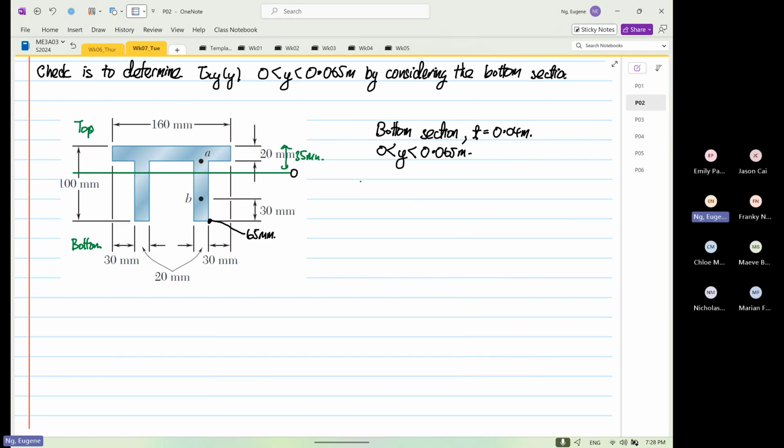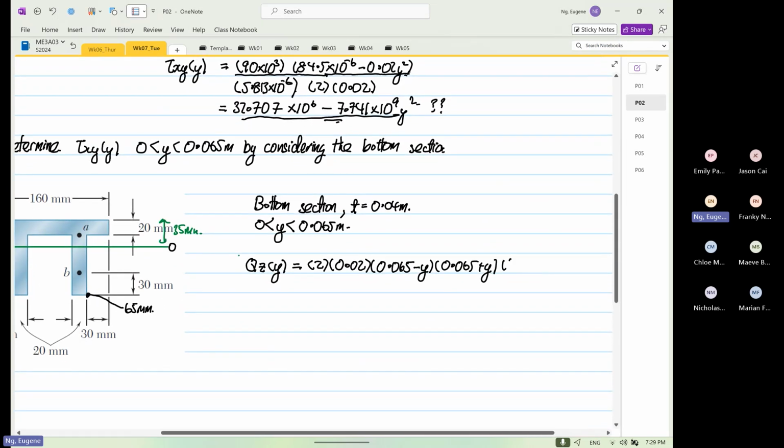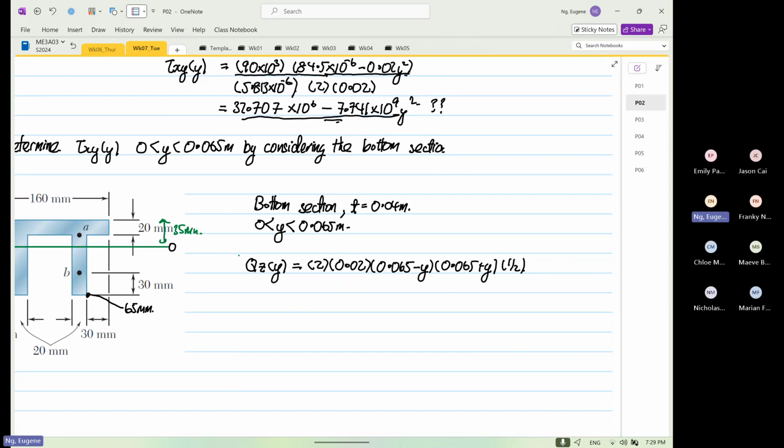Okay, so now the formula is so much easier now, right? So Q, first moment of area, about the z-axis as a function of y. The width will be twice 0.02. The y bar is equal to 0.065 minus y, and then we have 0.065 plus y multiplied by half. Multiplied by half. So our first moment of area, either we take from the bottom or the top, should be the same.